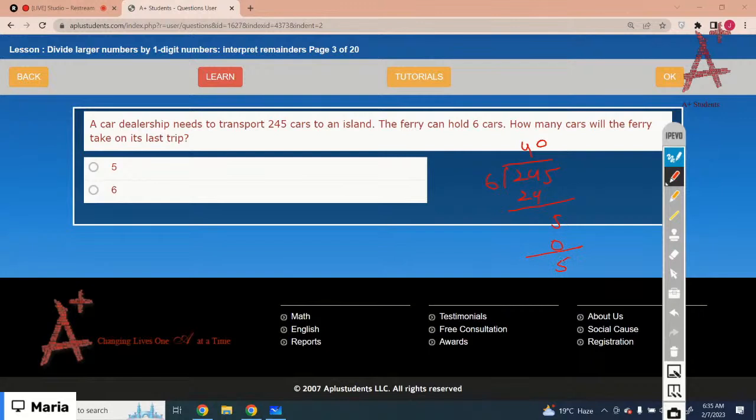That means in the last trip the ferry can hold 5 cars. So the correct option is 5. Just select the correct option and click on the OK button.